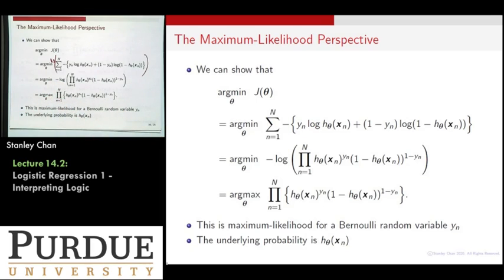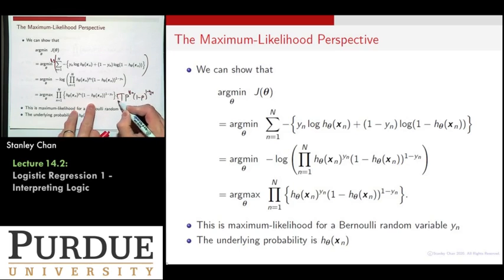Okay, so when we get to this equation here, this is what? This is a maximum likelihood estimation of a certain distribution. And this distribution should be familiar to everyone: it is a probability to a number times 1 minus the probability to the power 1 minus some number. And this is exactly the Bernoulli random variable. If you remember, the Bernoulli random variable has a likelihood of p to the power yn and 1 minus p to the power 1 minus yn.